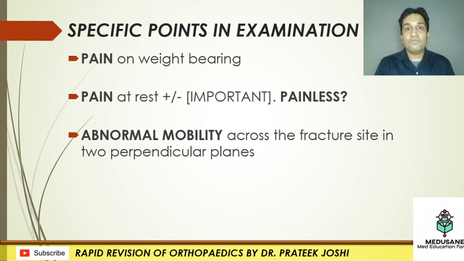Also, in case of a pseudoarthrosis, if the amount of fibrous tissue across the fracture site is quite a lot or it is associated with overriding, in that case you could get a false negative abnormal mobility.